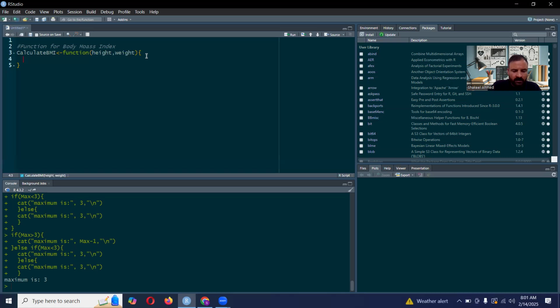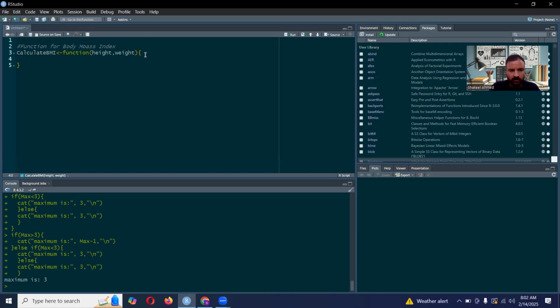What is the body mass index, the BMI? Mostly we are given the height in centimeters or inches, then you need to convert the height into meter square. Basically, the BMI is weight in kg divided by height in meter square.